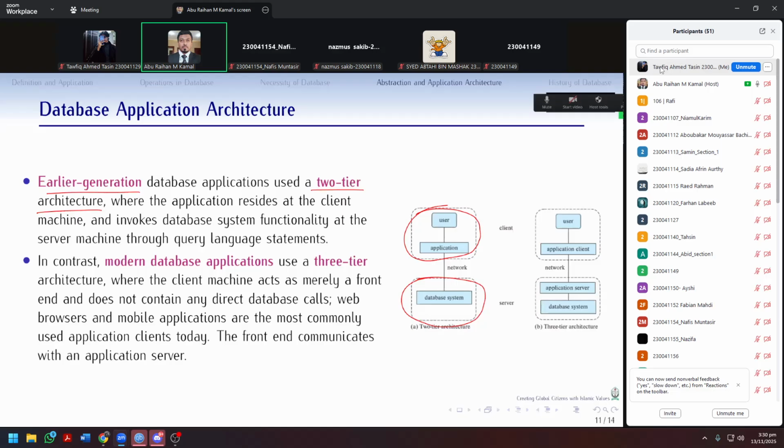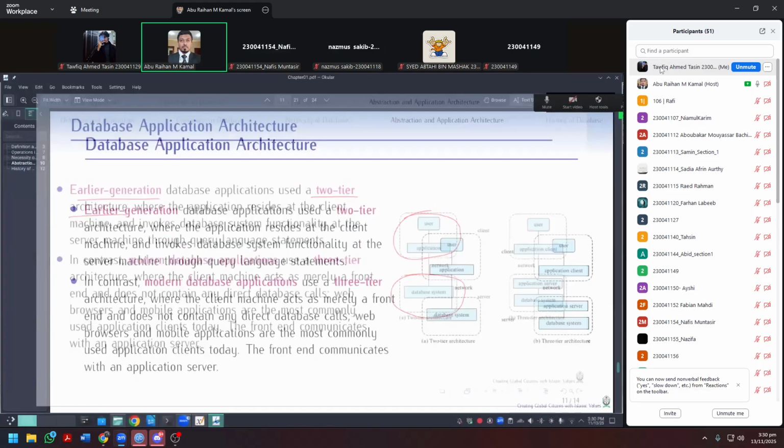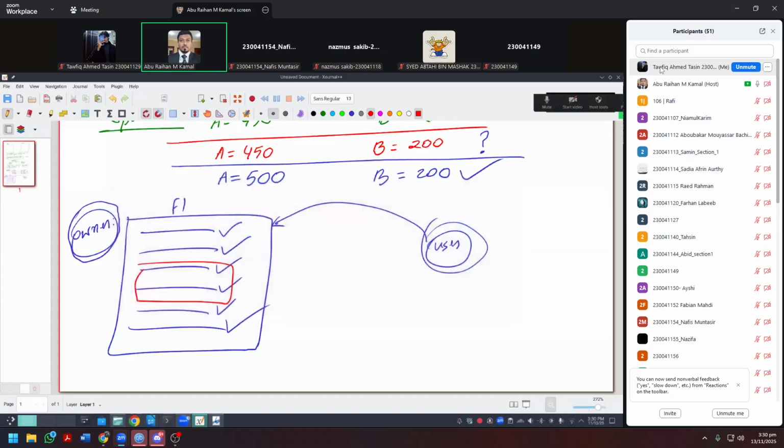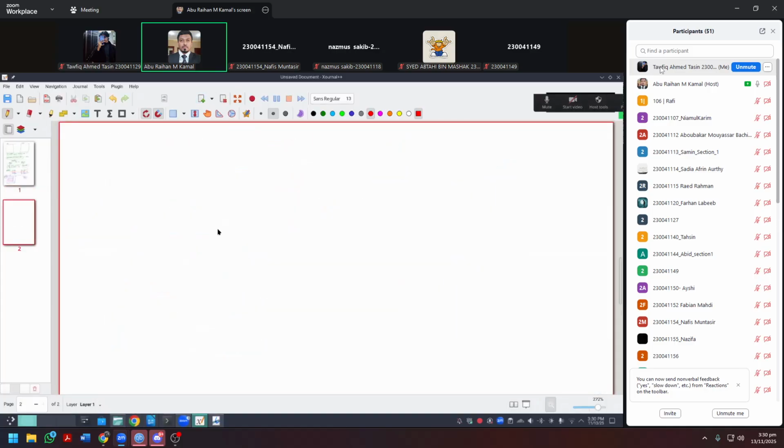Okay, so let me draw it. Two-tier will look like this: there's a DB server.